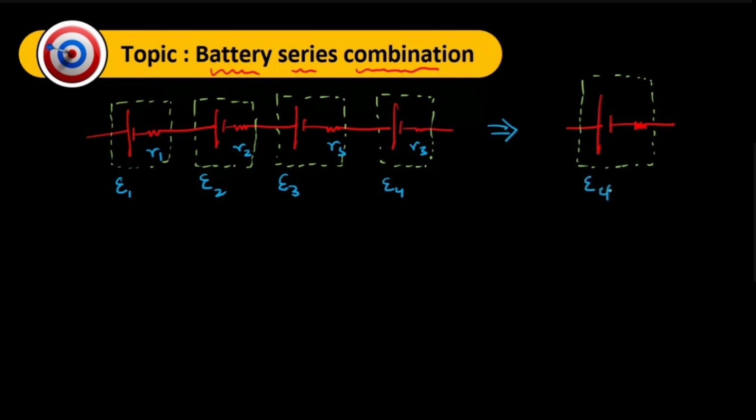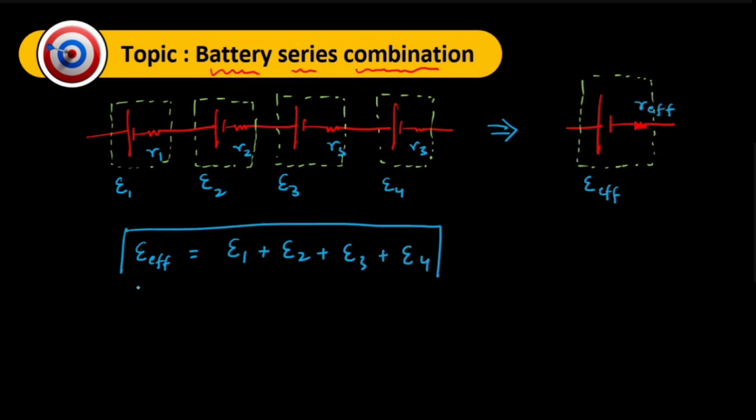It is something we call E effective and R effective. So the net effective EMF of the new battery would be nothing but the sum of all the potentials of the given batteries. How simple it is.